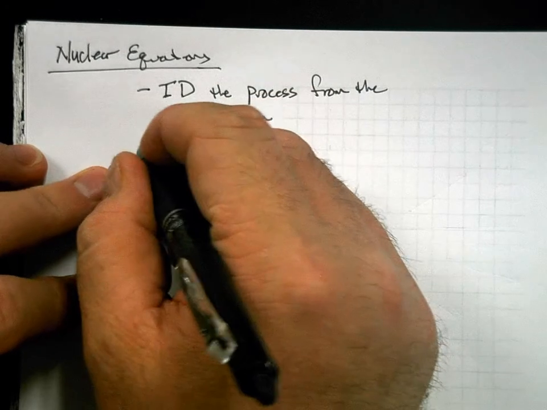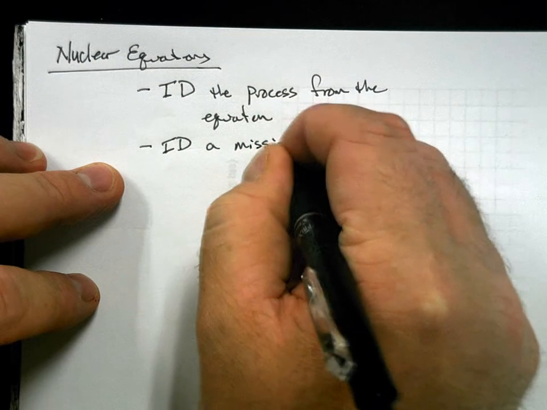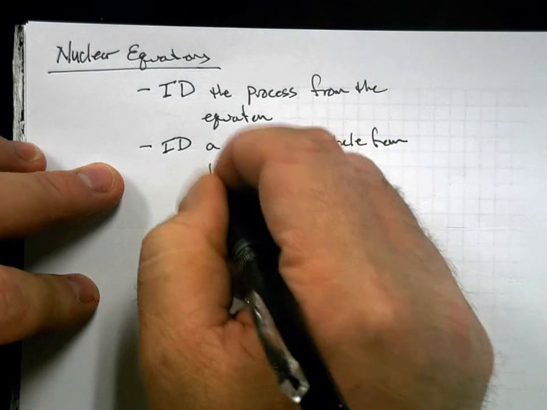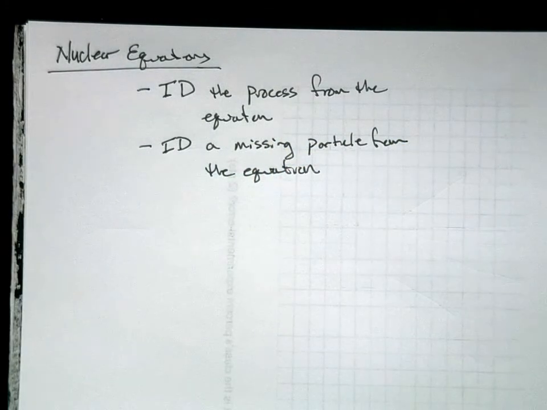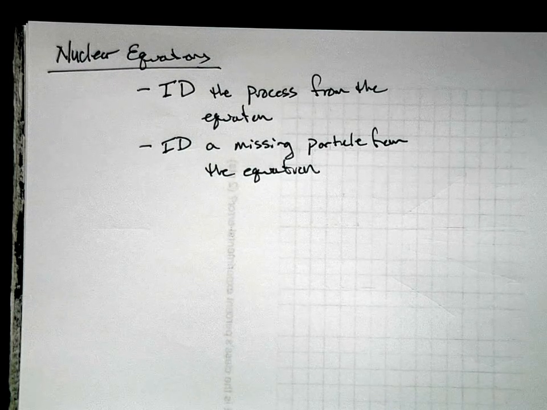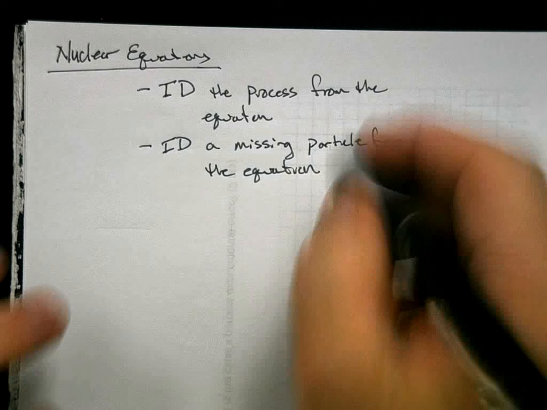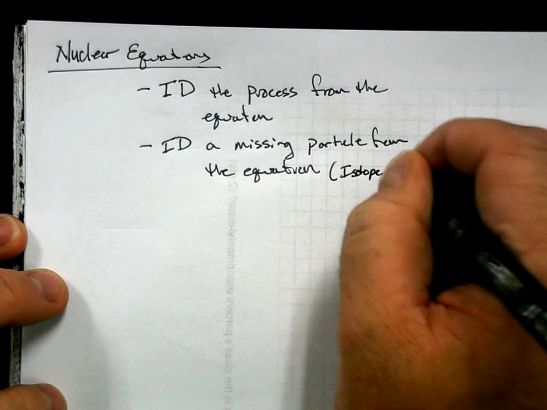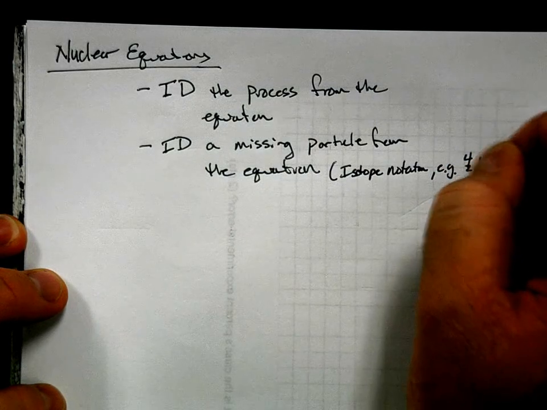You need to be able to identify a missing particle from the equation. So if I give you all the pieces of the equation, except for one part, it's got a blank right there, you need to be able to identify what's missing, using isotope notation. For example, 4,2 helium.